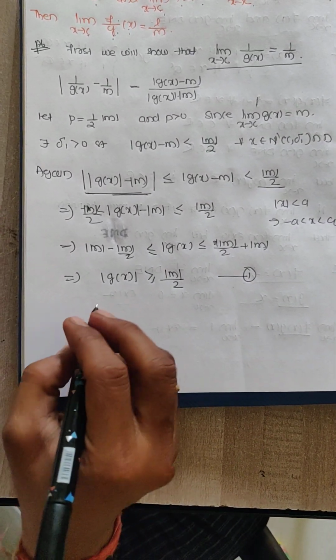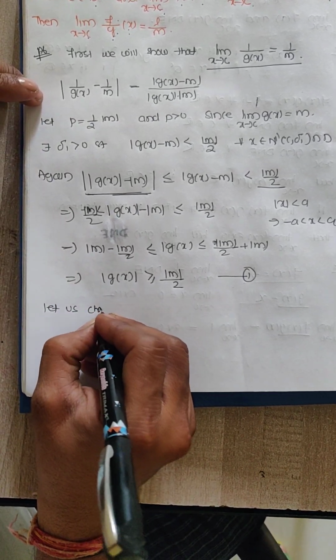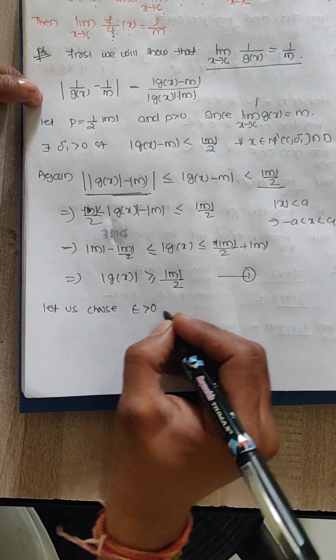Again, let us choose epsilon greater than 0.